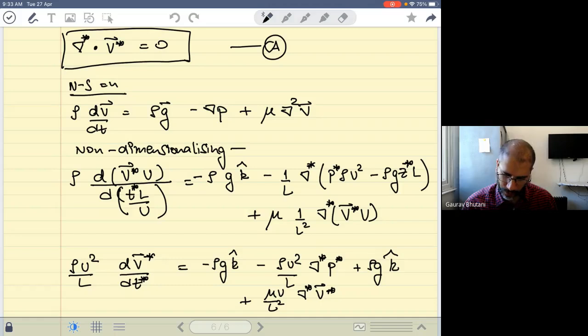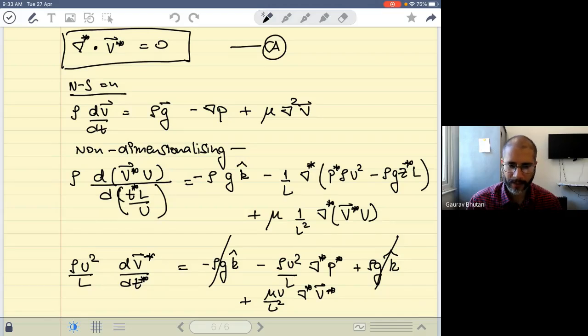Right, so that's what we get if we take the constants on the left hand side of each term, and then you can see that this gravity term now gets cancelled. That was the whole idea of writing the p star with that rho g z term. And remember, it's our choice.